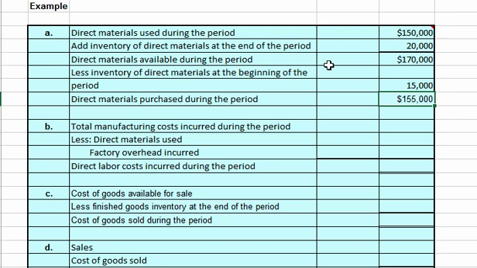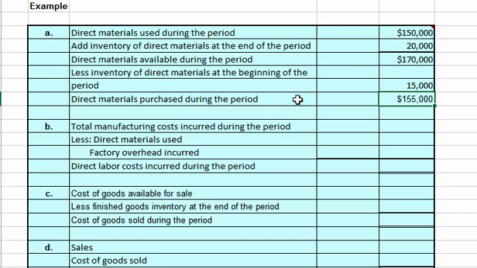Gets us to 170,000, the same direct materials available during the period. Well, then if we subtract out our direct materials at the end of the period, we get back to the 150. So you could work this in either direction. The first number or the last number could have been your unknown. Given the other information, you could have figured it out.